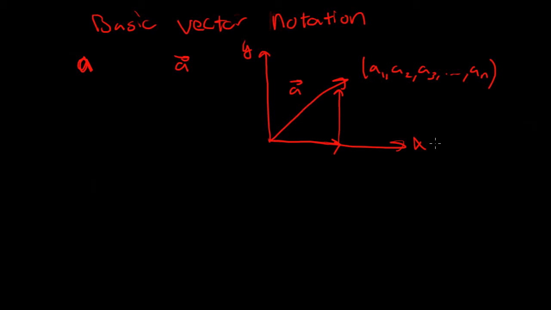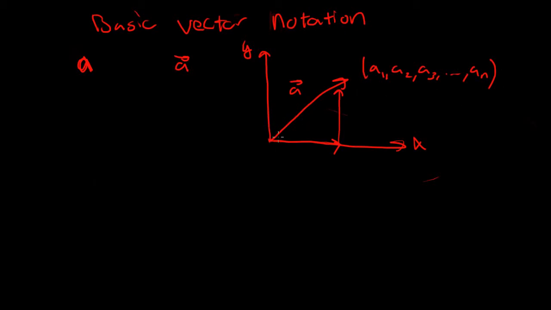We won't get into this too much because there's a lot of deep linear algebra associated with determining basis vectors, but for our purposes, our standard x, y, z coordinate axes are basis vectors because we can represent any point in two-dimensional space using x and y. And we can represent any point in 3D space using the x, y, and z components. Therefore, this vector here, represented by these components, is uniquely defined in n-dimensional space.